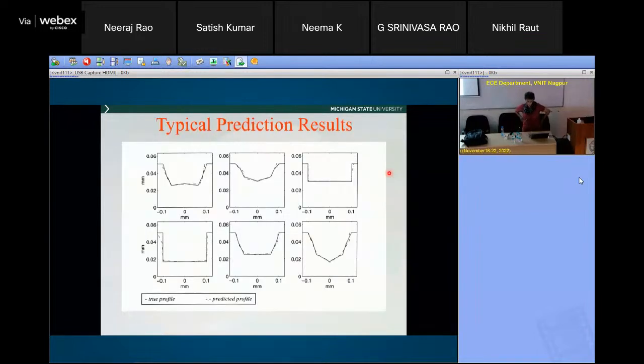And this is some of the results. It basically shows the true profile and predicted profile. And they all had an initial depth profile of 10% defect. Okay. And you can see that different profiles can be predicted very, very accurately. But again, you're using a 3-dimensional finite element model, so it's iterative, it takes a long time, and so on.